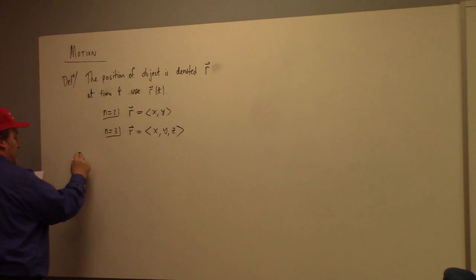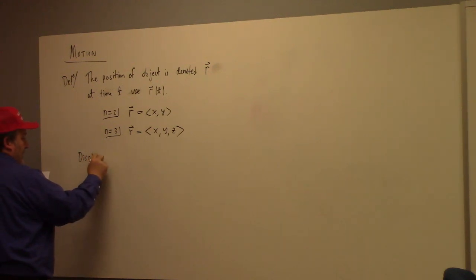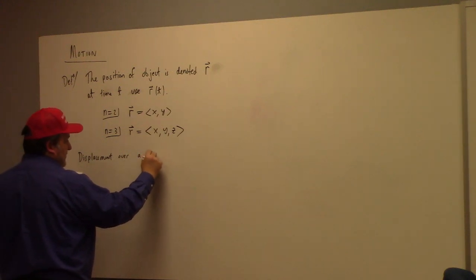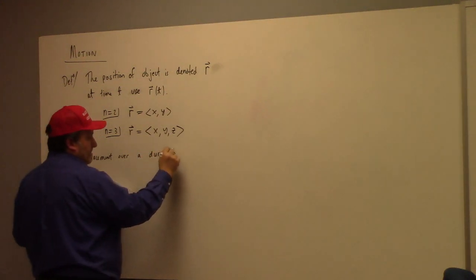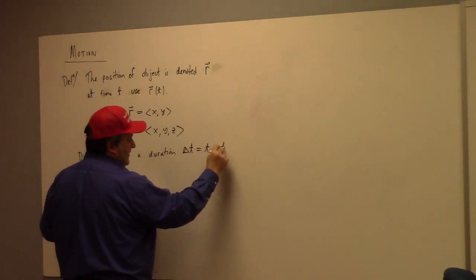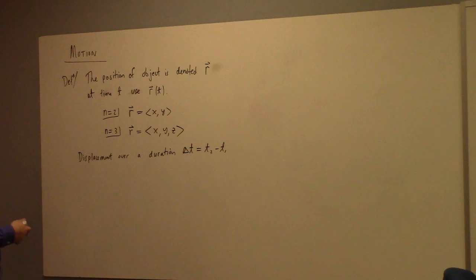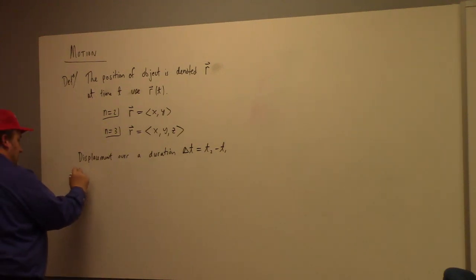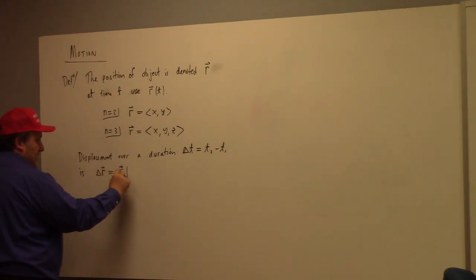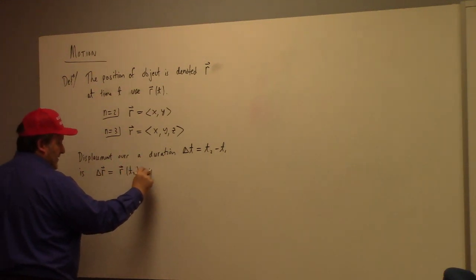The displacement over a duration, so a duration is an interval of time, like t2 minus t1. Displacement over duration is delta r, which is r of t2 minus r of t1.